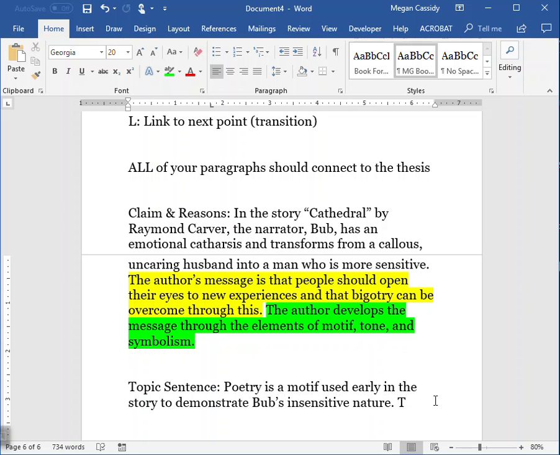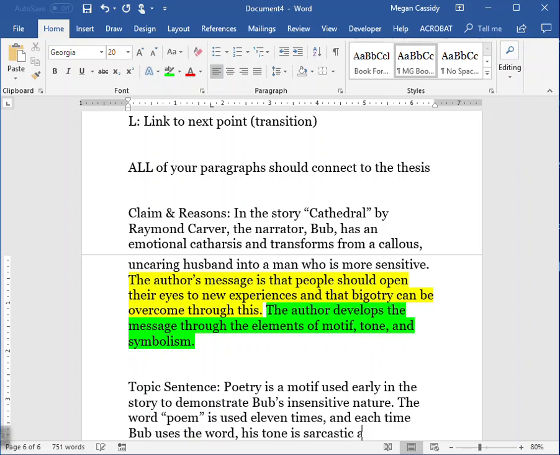The word poem is used 11 times, and each time Bub uses the word, his tone is sarcastic and bitter.